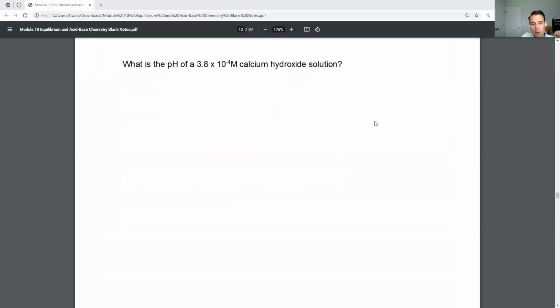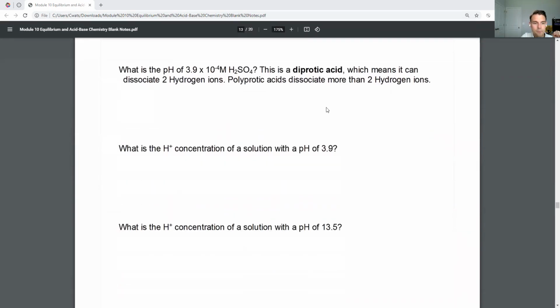Let's do a couple more problems as examples. What is the pH of a 3.9 times 10 to the negative fourth molar sulfuric acid? This is a diprotic acid, which means it can dissociate 2 hydrogen ions. Polyprotic acids will dissociate more than 2. So we get H plus and SO4 negative 2.